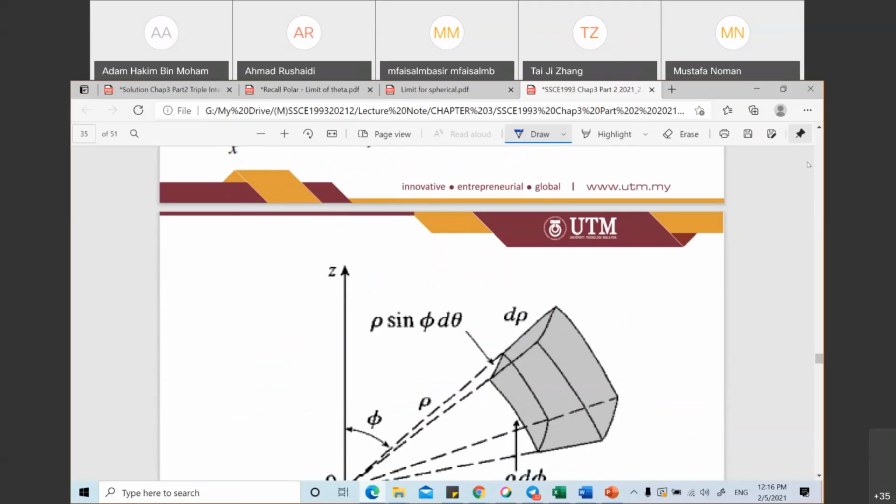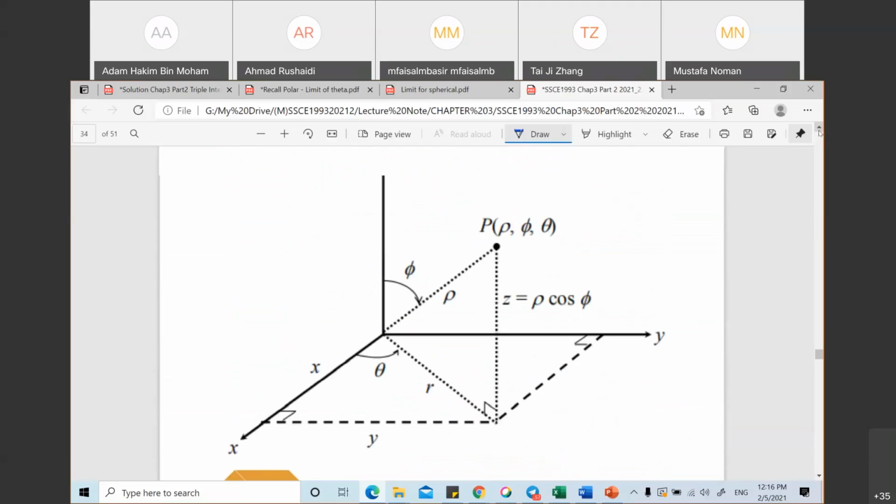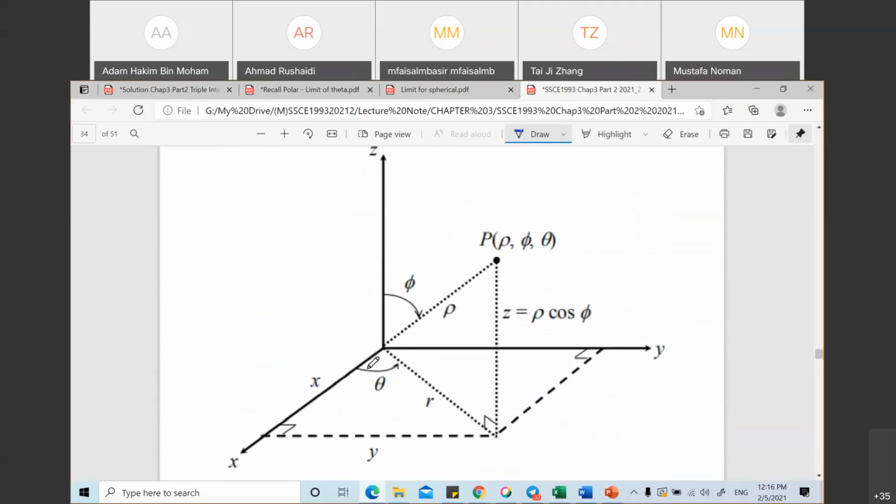If you see here, your angle should be counterclockwise. Same as cylindrical. Your rho should be from the origin to the sphere. Okay, and then your z is rho cos phi, from the simultaneous equation.